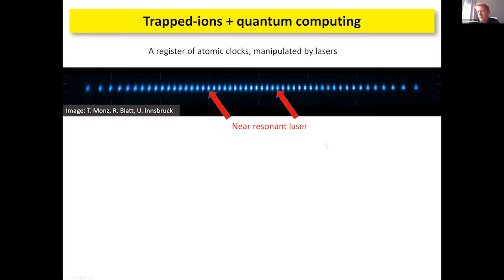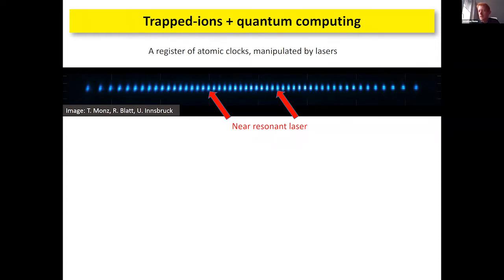The reason you can have those interactions is that the Coulomb interaction means all these ions repel each other. So if this ion moves, then this ion will also move, because the Coulomb interaction creates a force that drives the chain, and that will move the other ion.